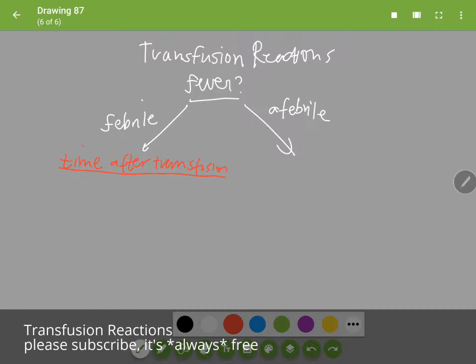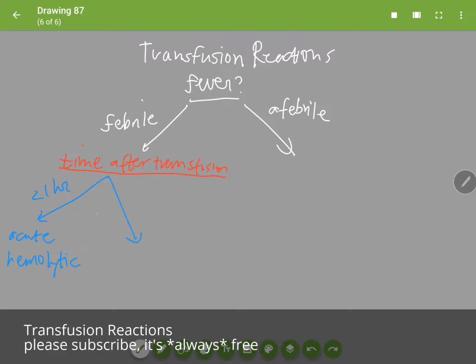So right away, something that's almost immediate, less than 1 hour, is going to be acute hemolytic.